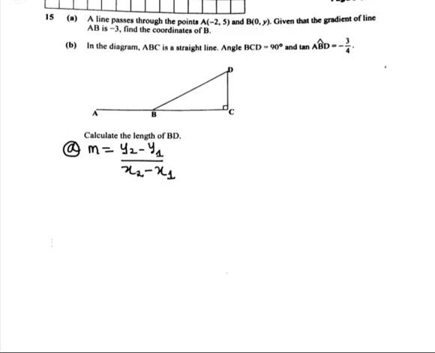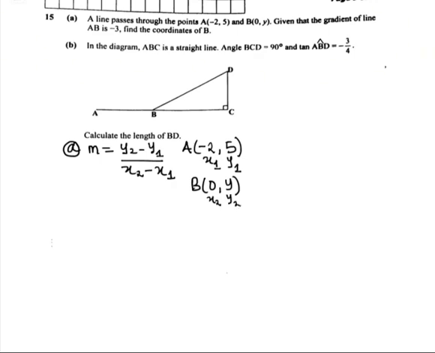For the points we've been given, point A has (-2, 5), so I'm going to denote x1 as -2 and y1 as 5. Then point B, which has (0, y), will be denoted as x2 equals 0 and y2 equals y.